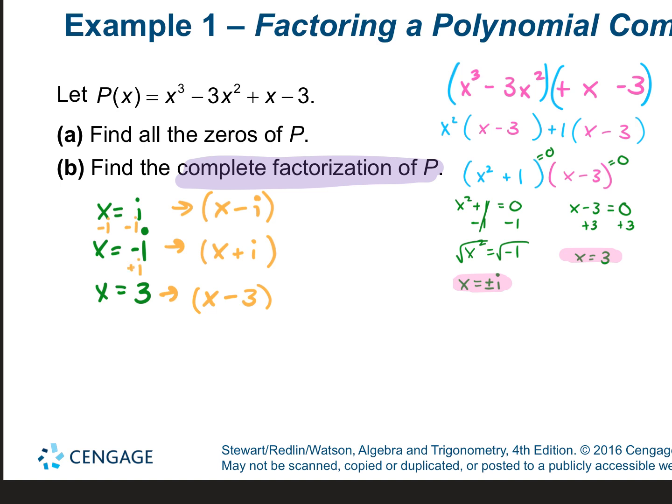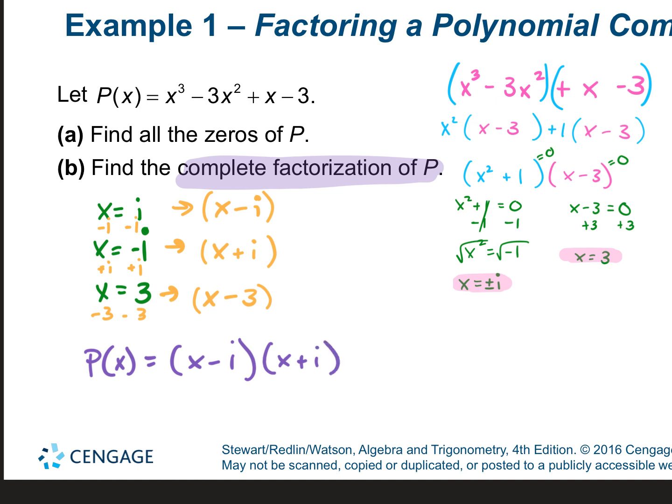Here we'd add i to both sides, and here we'd subtract 3. So in complete factorization, we just write it all together. So I have p of x is equal to x minus i, x plus i, and x minus 3. So part of our answer is just the zeros, and then part of it is in factored form.